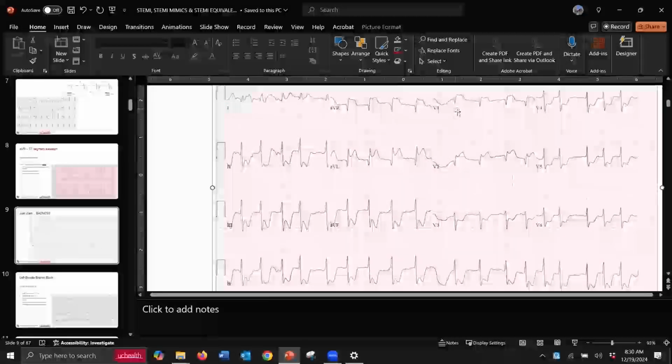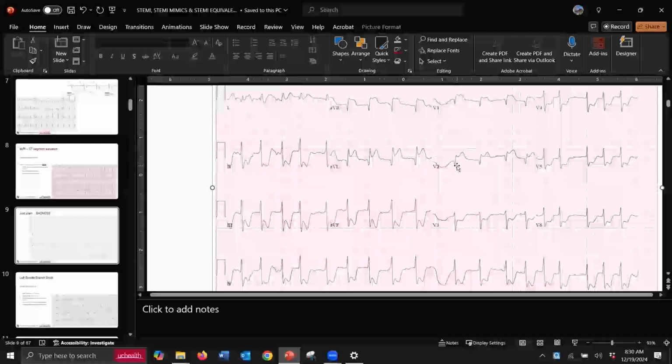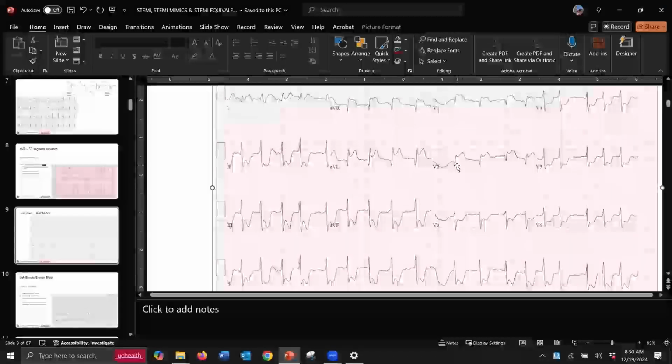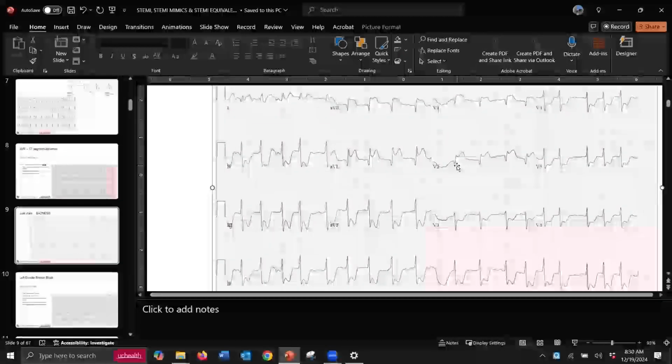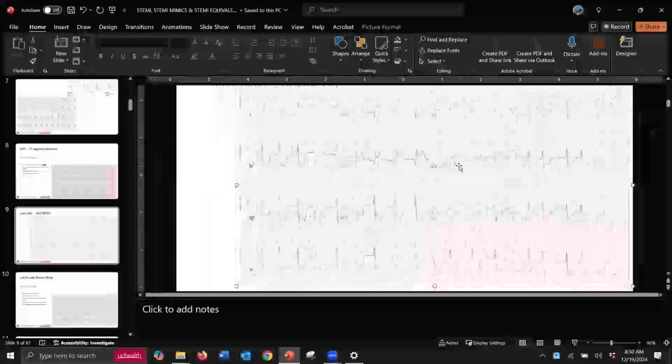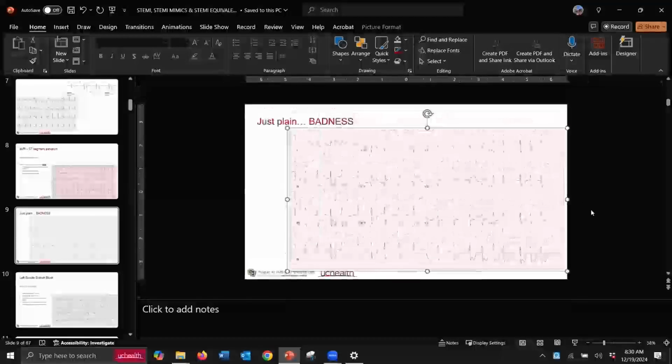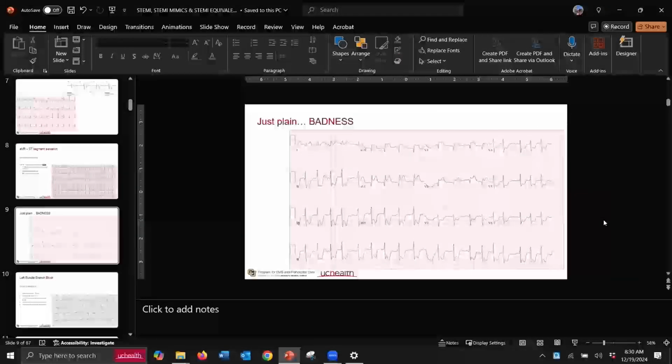Oh, look, V1's ST elevated, V2's ST elevated. You see how this is progressing along, how this is evolving. All of the other leads are even the reciprocal leads, right? This is a massive left main coronary artery lesion. And if they are compensating, it's probably not going to be very long.